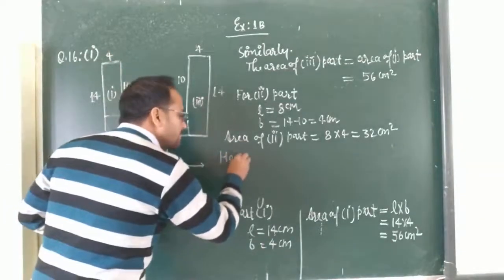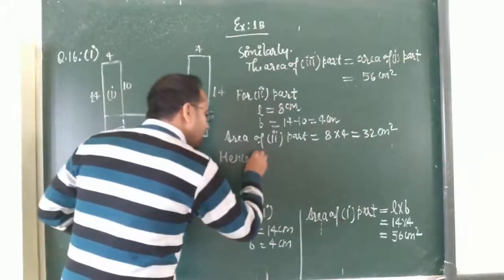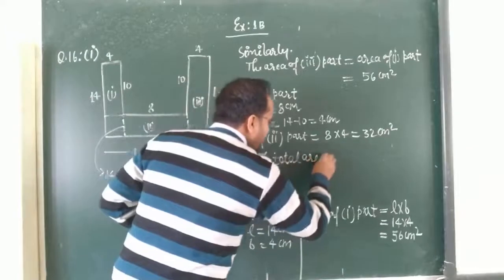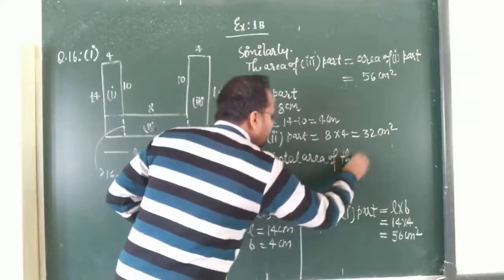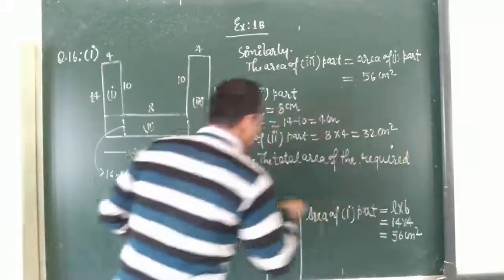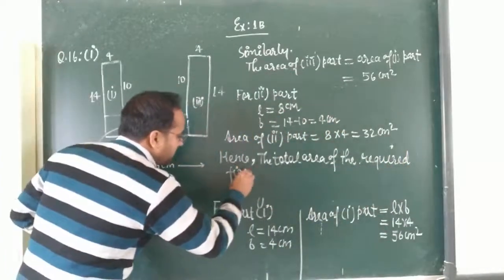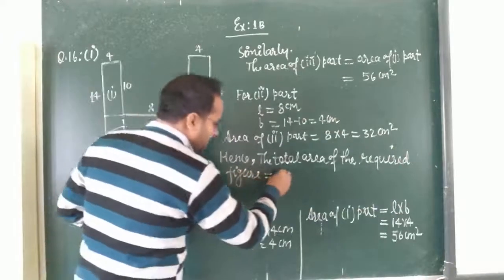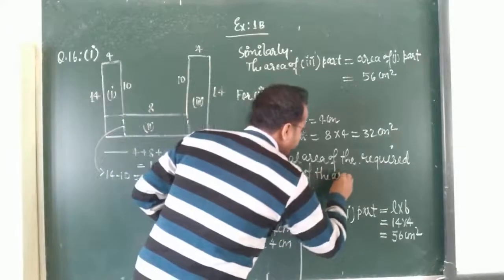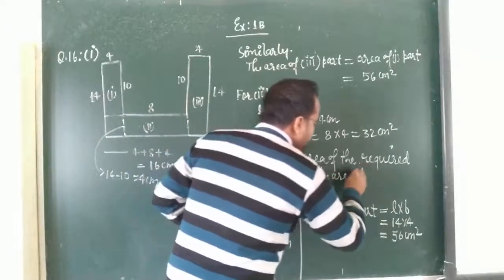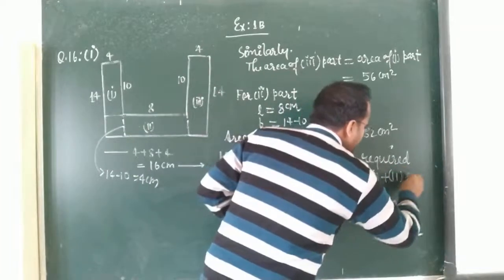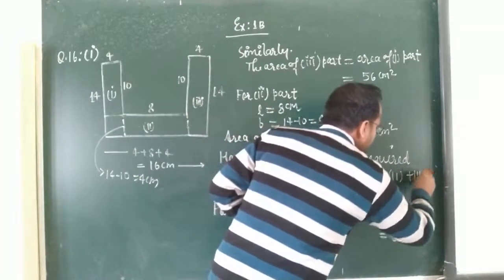Hence the total area of the required figure is the sum of the areas of first, second and third part.